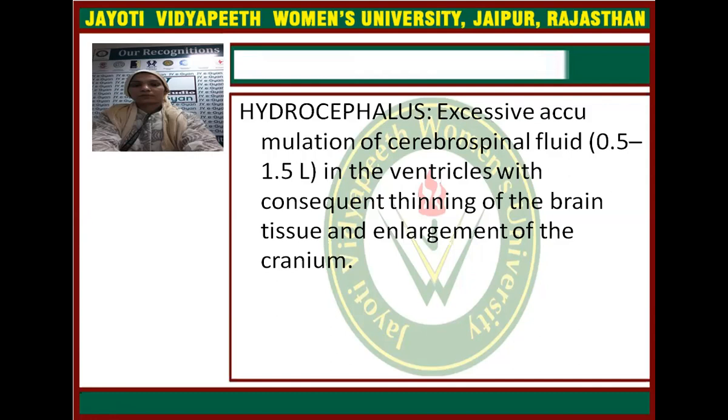Fontanelles are wide open. The bones are thinner. The lateral and third ventricles seem to be dilated, and marked thinning of the cerebral cortex is seen. The dilatation is often due to stenosis of the aqueduct of Sylvius, agenesis of the corpus callosum, or whenever TORCH infection is present.